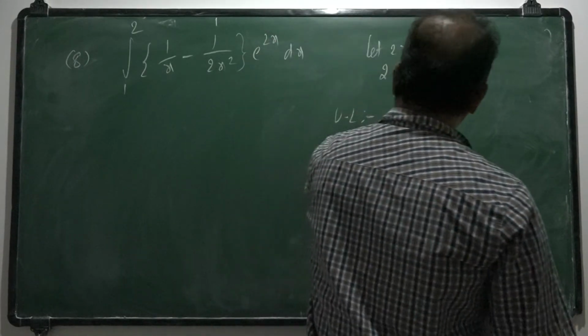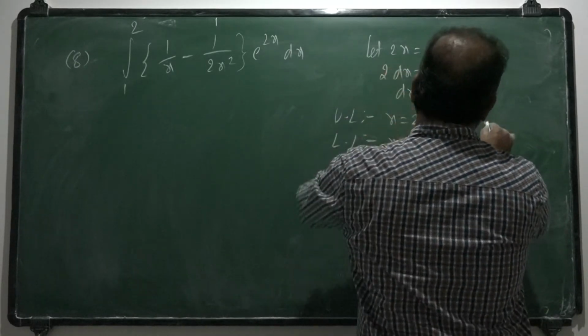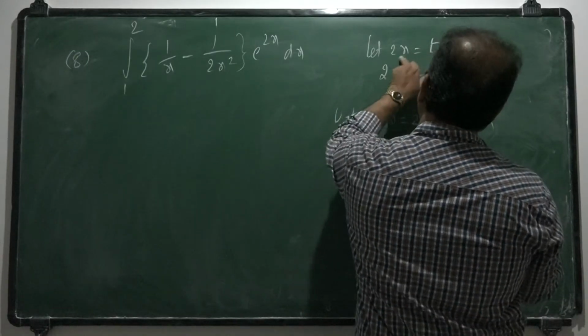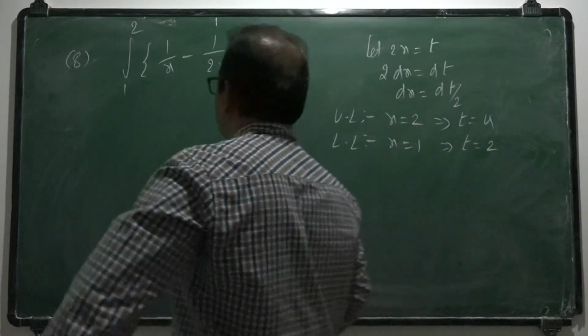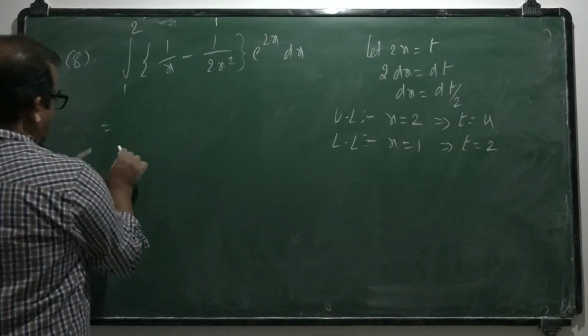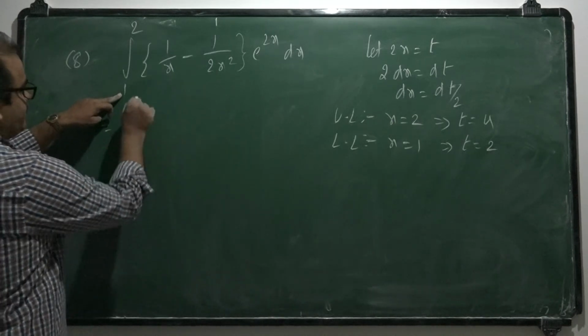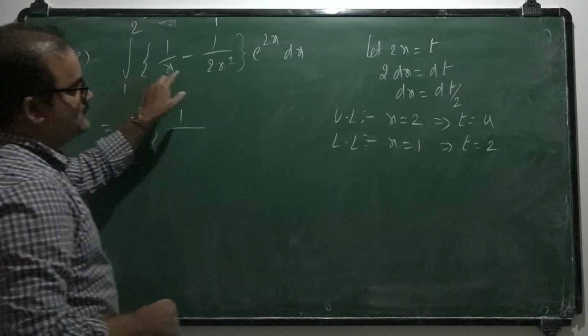Now, when x is equal to 2, what is t value? 2 into 2, 4. When x is equal to 1, what is t value? t is equal to 2.